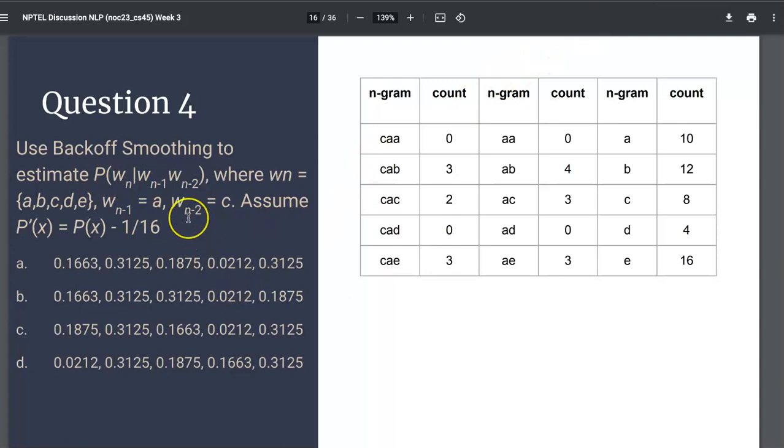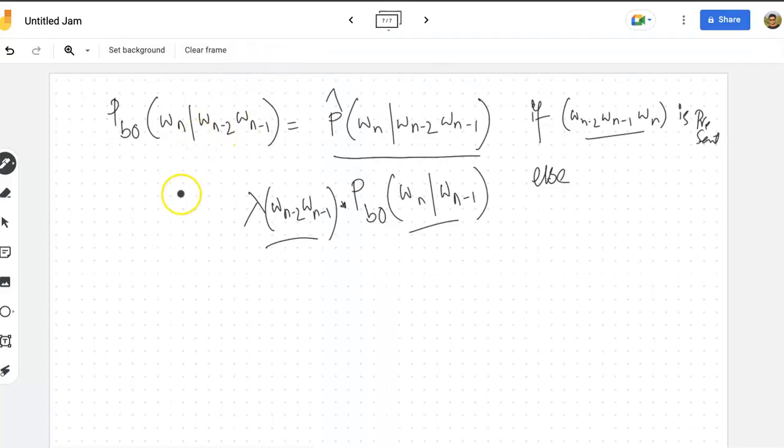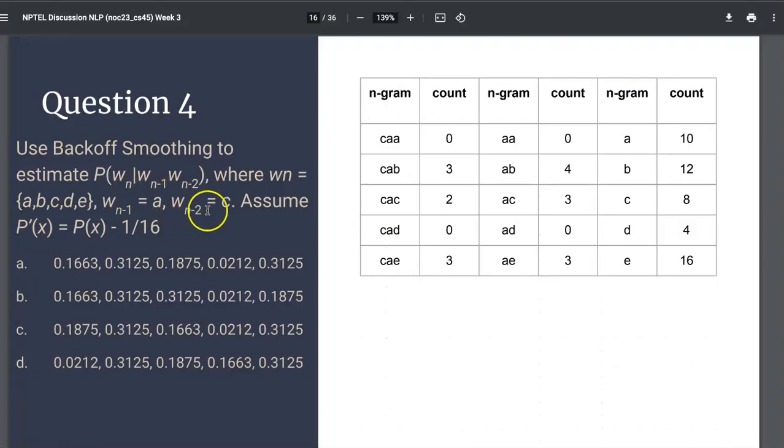It's not possible to do all of them, so let's start with A only and see how to solve this. So what they are asking is P back-off of the first one given CA.